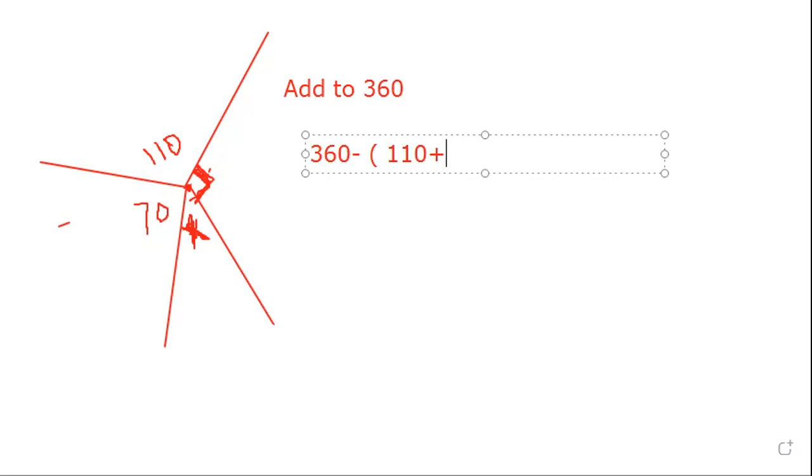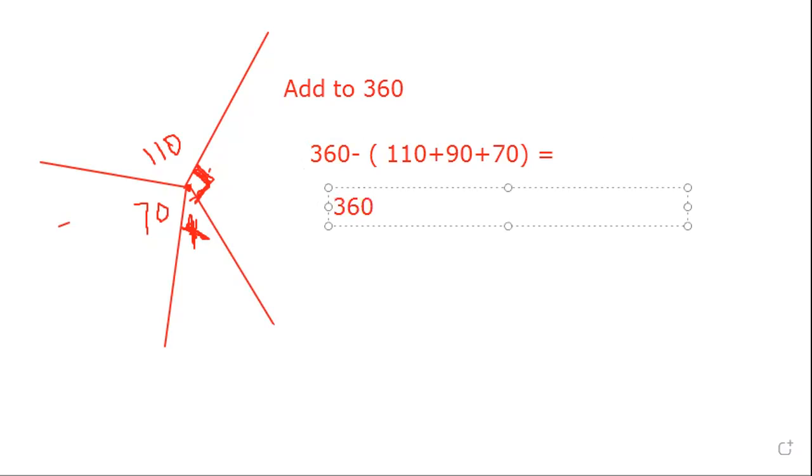If I add them all, it will be 270. Then it will be 360 minus 270, as you said. So it will be how many, Ibrahim?